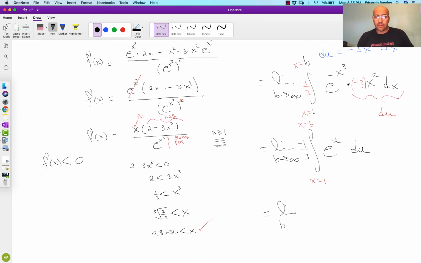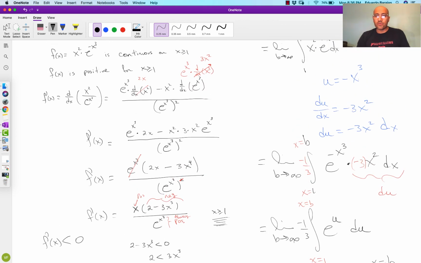The limit as b goes to infinity, and then I have this negative 1/3, and that's e to the power of u. The antiderivative of e to the power of u is just e to the u, evaluated as x changes from 1 to b. And now I can go back and replace my u.